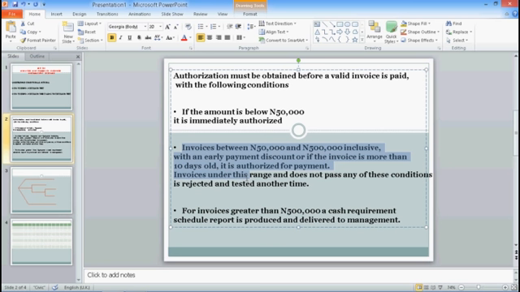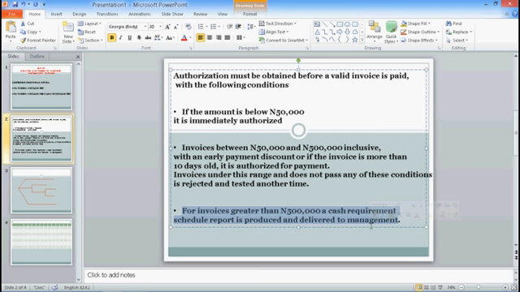Invoices in this range that do not pass any of these conditions are rejected and tested another time. And then the third condition is that for invoices greater than 500,000, a cash requirement schedule report is produced and delivered to management. We notice that there are three basic conditions. These are our initial conditions. The first one is that if the amount is less than 50,000 naira, it is immediately authorized.